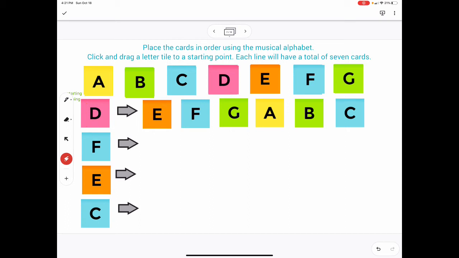All right, let's do a different starting point, and this time we're going to do F. So what letter comes after F? G. After G, A. That's right, because after G, that's the last letter of our musical alphabet, we start the sequence again with A. Okay, so what comes after A?